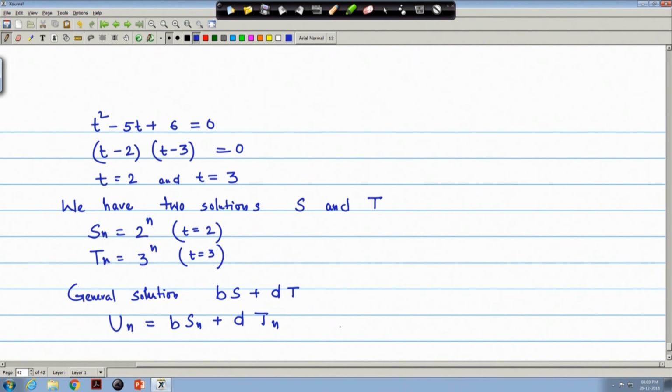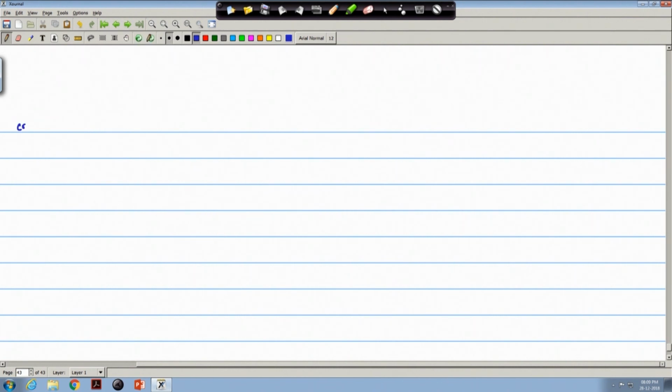and we remember the initial conditions are A0 equal to 7 and A1 equal to 16. Now, we have to find out the constants B and D. So, we continue. We put the initial conditions.